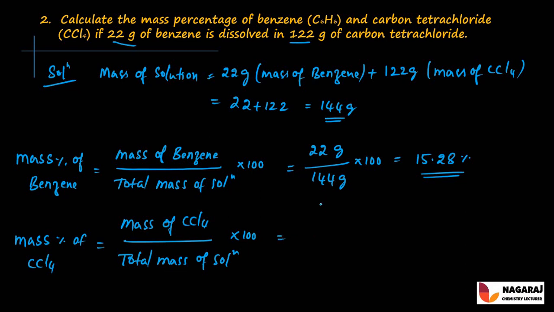That is equal to the mass of CCl4, 122 grams, divided by the total mass of the solution, 144 grams, into 100. So it is 84.72%. By adding these two percentages, it gives 100%. That is, the mass percent of benzene is 15.28% and the mass percent of CCl4 is 84.72%.